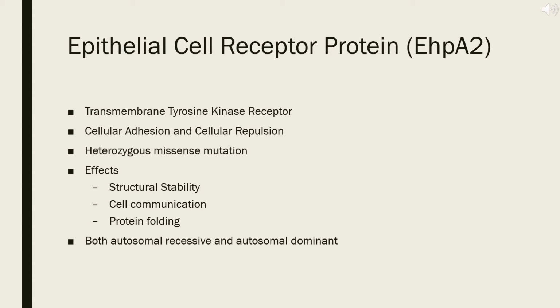So the next protein that we're going to cover is the epithelial cell receptor protein, encoded by the gene EPHA2. So this is a transmembrane tyrosine kinase receptor, and it is responsible for cellular adhesion and cellular repulsion.